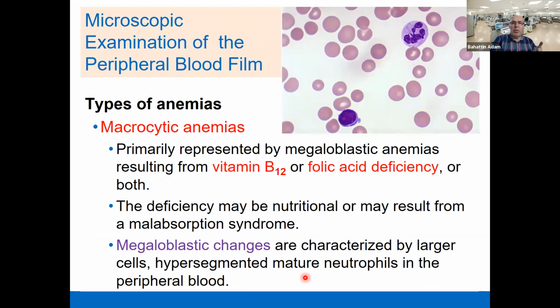As I told you, macrocytic anemia, they are bigger than normal, and the cause of such anemia is deficiency of vitamins.